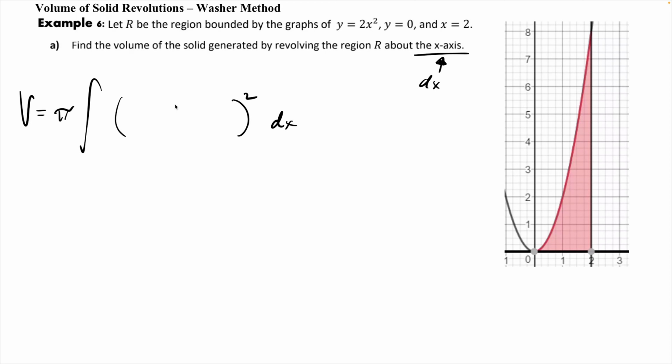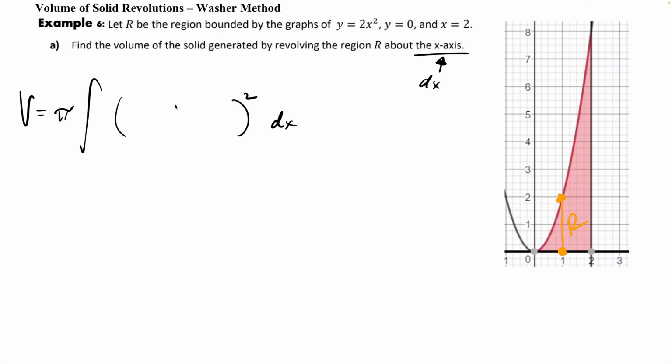Okay, so how did we find little r? It's the same way we found big R, right? Except there's no above and below. We just make a dot on the x-axis, because that's where we're revolving, right? And go up until you're out of the shade. That's R. There's only one R. There's no big R and little r, there's just one R. So we do the same, top minus bottom.